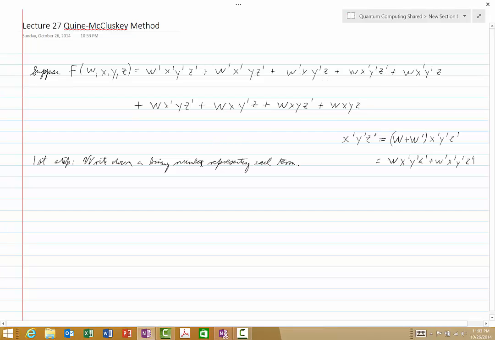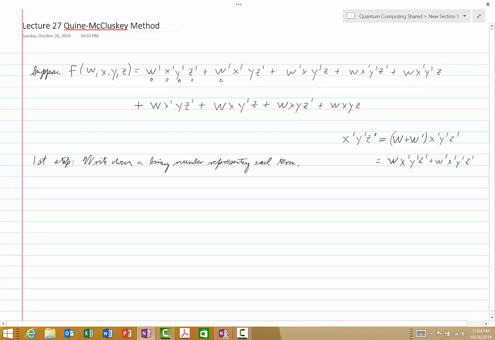So now we write down the binary number representing each term, and the way those binary numbers are determined is simply to assign a 0 to any variable that is primed and a 1 to any variable that's unprimed. So the first term, since all the variables are primed, is represented by 0, 0, 0, 0.